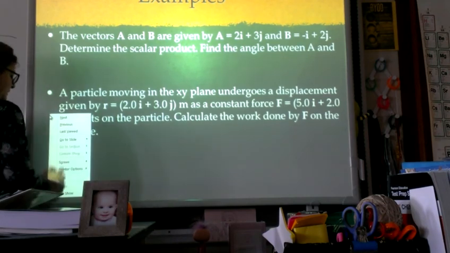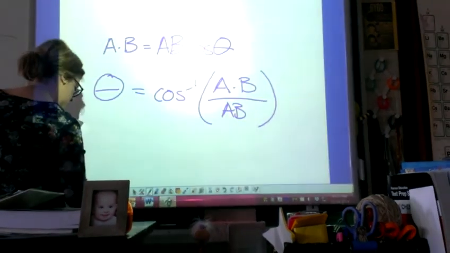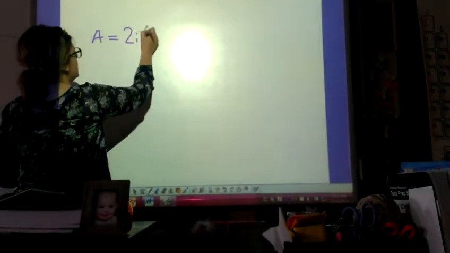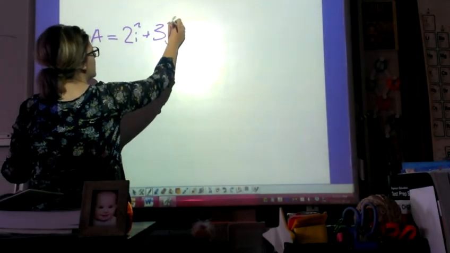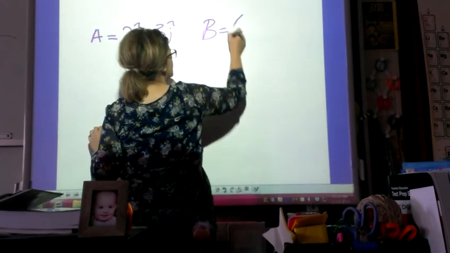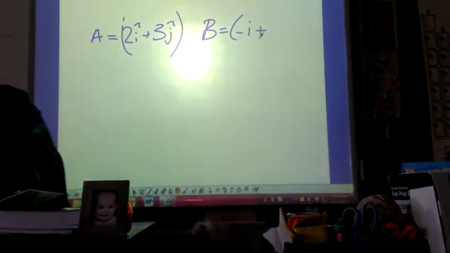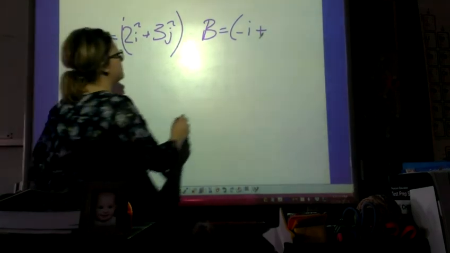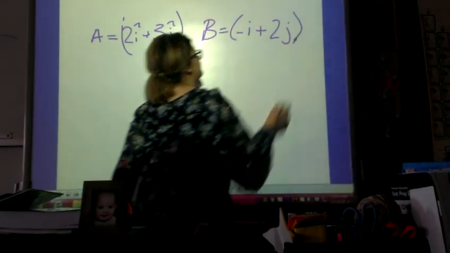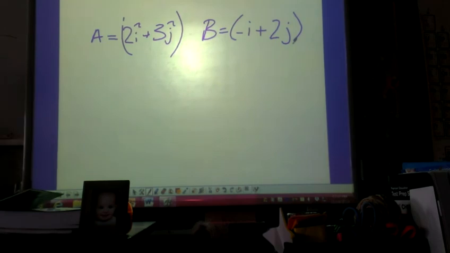So I can do that. A was equal to, let's just rewrite it out, 2I plus 3J. And then B was equal to negative I plus, I think that was 2J. And let's do the roof side.